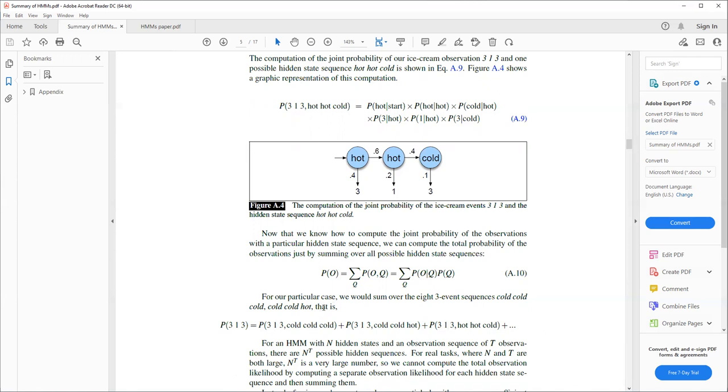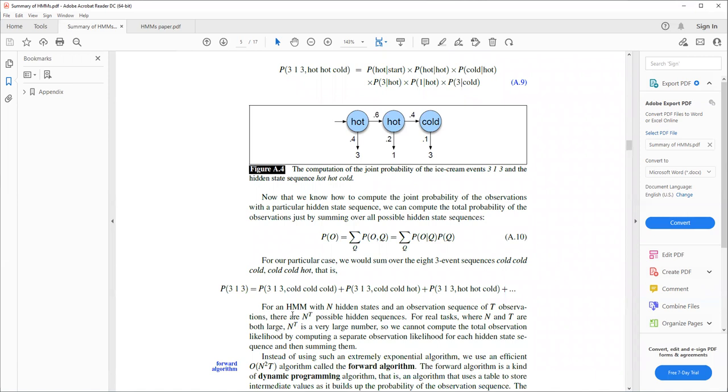The problem, as you might have noticed with this kind of solution, is that it's going to take a much longer time. If you look at the complexity of this, the more hidden states there are, the slower the algorithm becomes, and also the more observations.